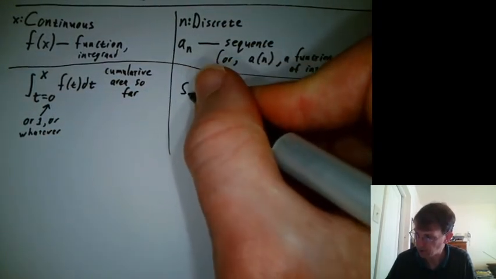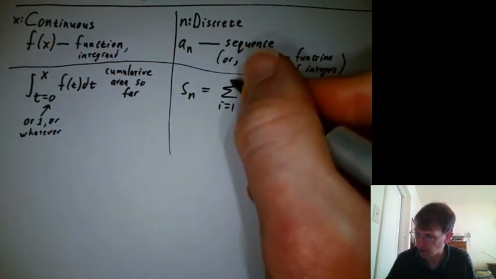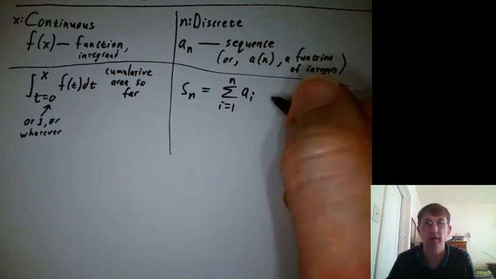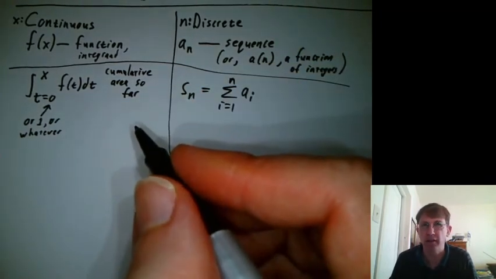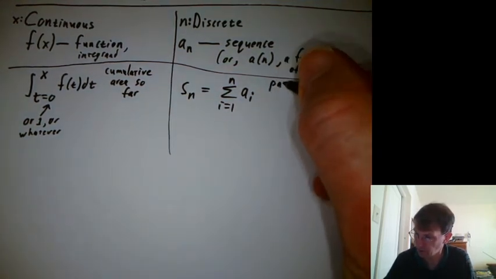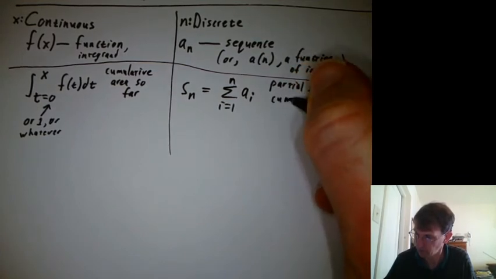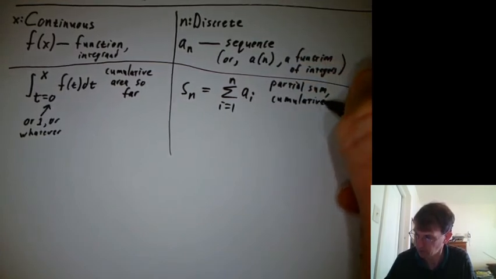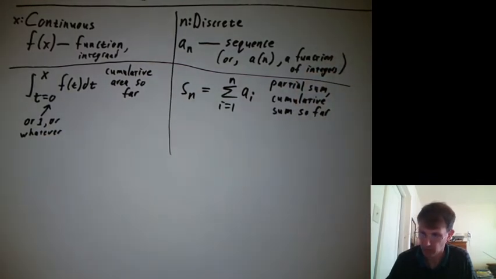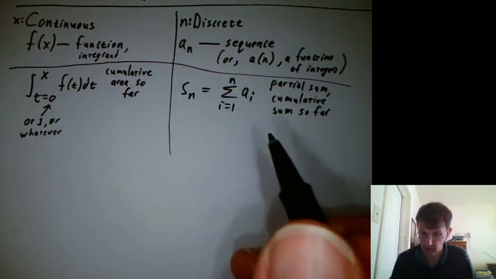It's s sub n, the sum I equals 1 to n of a sub I, which is not the cumulative area so far really, it's the cumulative sum so far, or the partial sum, you could say. And then that's the thing we're studying.